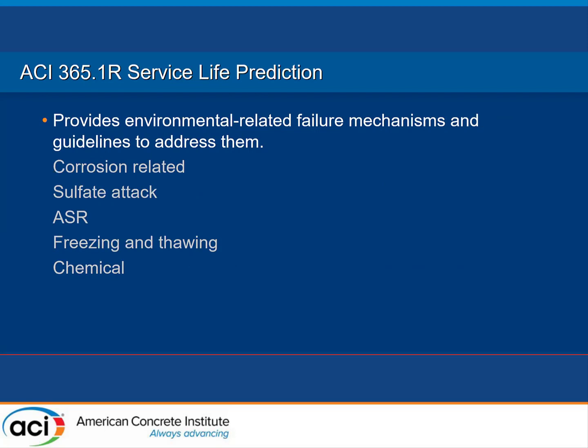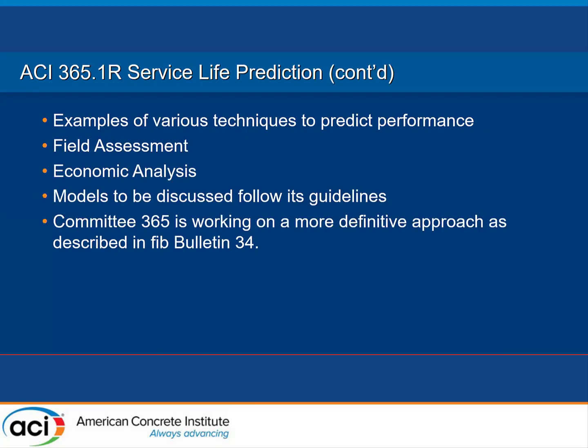365.1R talks about environmental related failure mechanisms and guidelines to address them. It's more than just corrosion. We also have sulfate attack, alkali-aggregate reactions, freezing and thawing, and chemical attack. We're going to concentrate mostly on corrosion today, but these other things have to be taken into account when you're designing for a long design life.